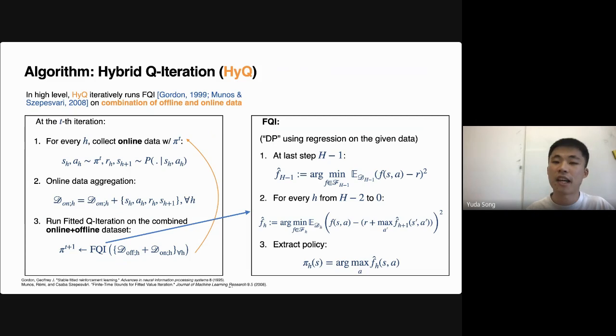In each time step, you're just doing least squares regression to minimize your Bellman error. At the end of the day, your policy is just the greedy policy with respect to the Q functions that you learned. As you can see, this is a pretty clean algorithm, and all you need to do is keep doing regressions on the combined offline and online dataset.